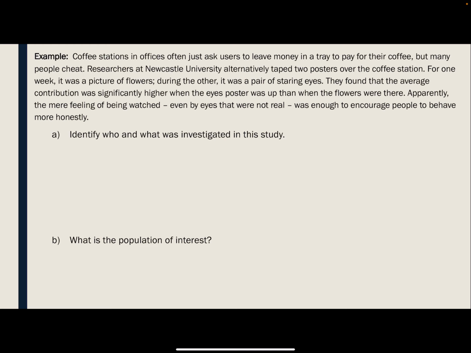So this was an experiment. And again, we'll talk more about experiments when we get to chapter 11. But the who of this experiment were the people using the coffee station. And apparently this was at Newcastle University. So this is people using the coffee station at Newcastle University.